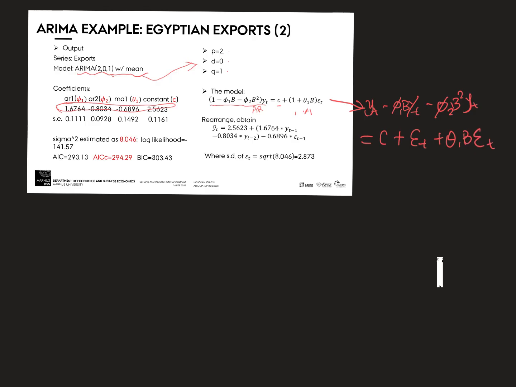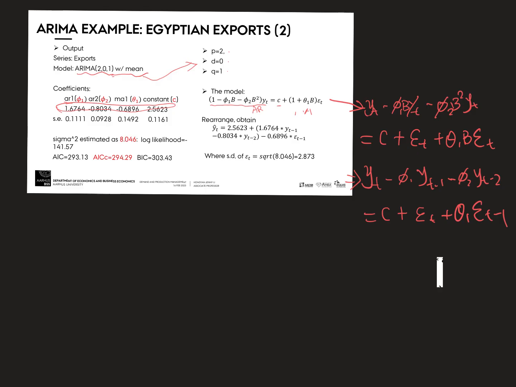Rearranging this relationship, you have y t minus phi 1 y t minus 1 minus phi 2 y t minus 2 equals c plus epsilon t plus theta 1 times epsilon t minus 1.